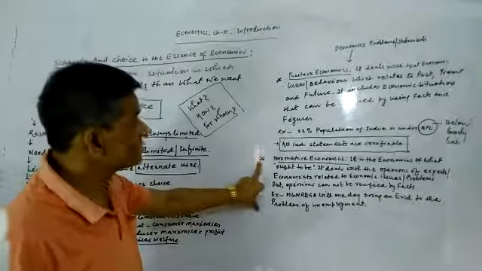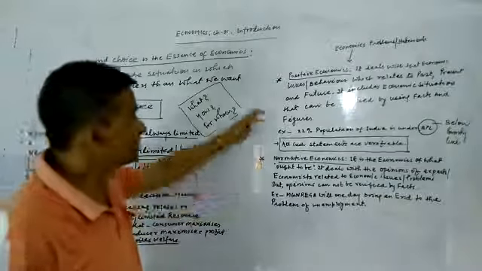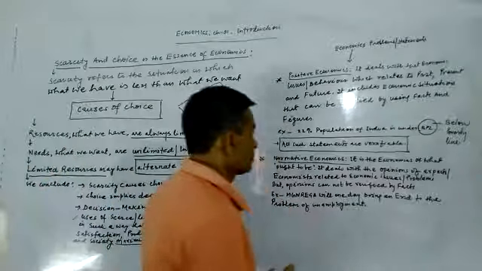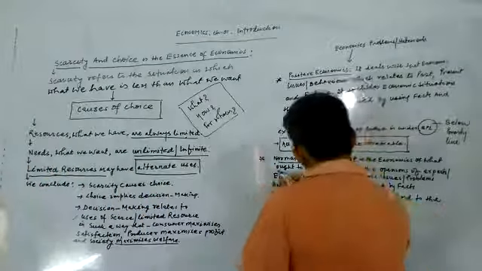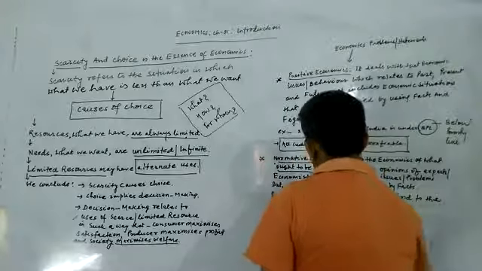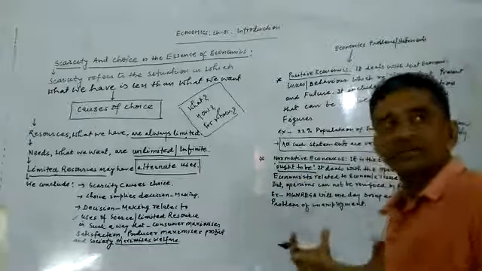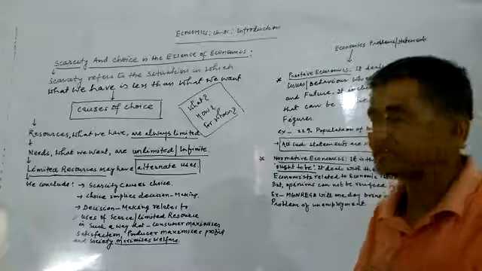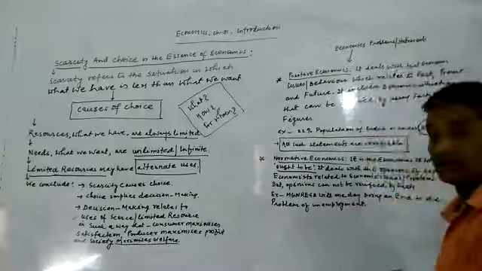Another part is normative economics, just the opposite of positive economics. It is the economics of what ought to be. It gives us a kind of value judgment. I must tell you, it gives us a kind of value judgment.